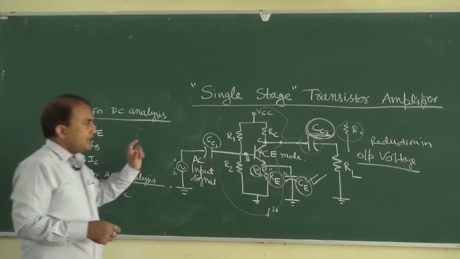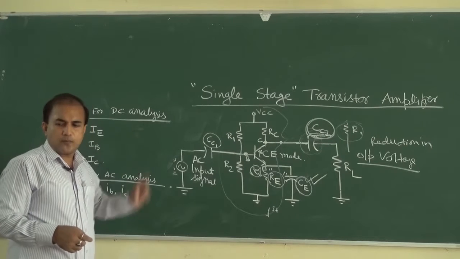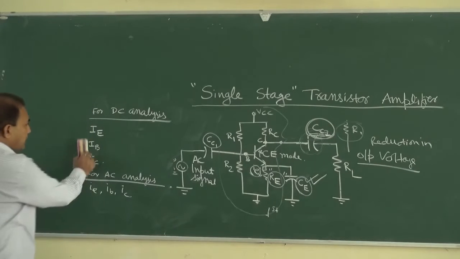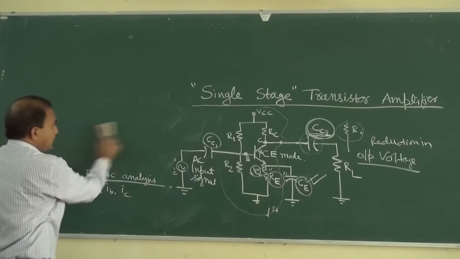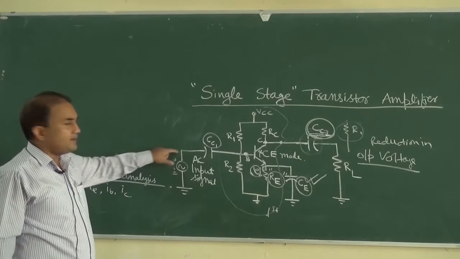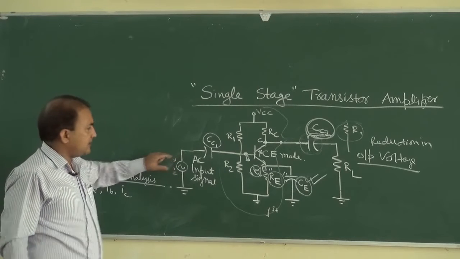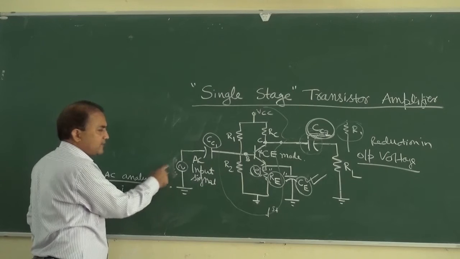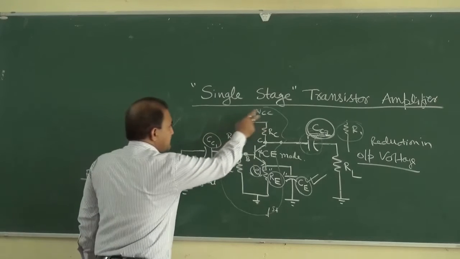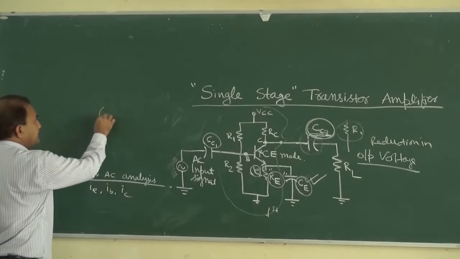Okay, now first of all, how can we determine the Q point? The Q point is generally determined with no input signal. So this input signal has to be removed. Okay, so for this biasing network, we have to determine the Q point.